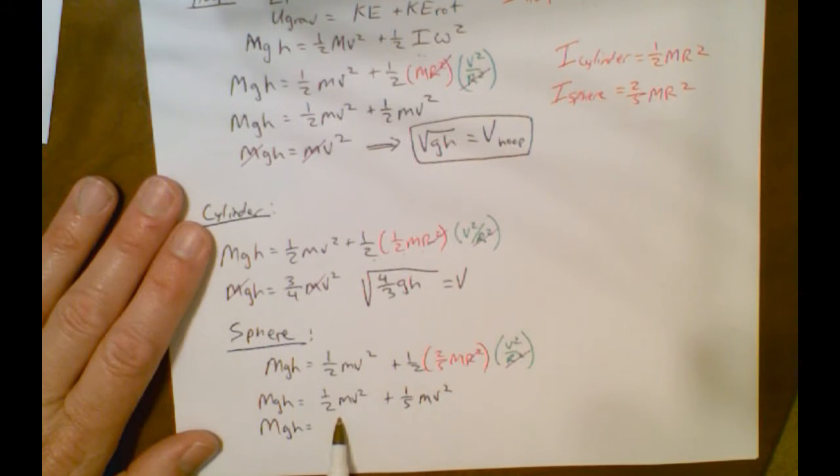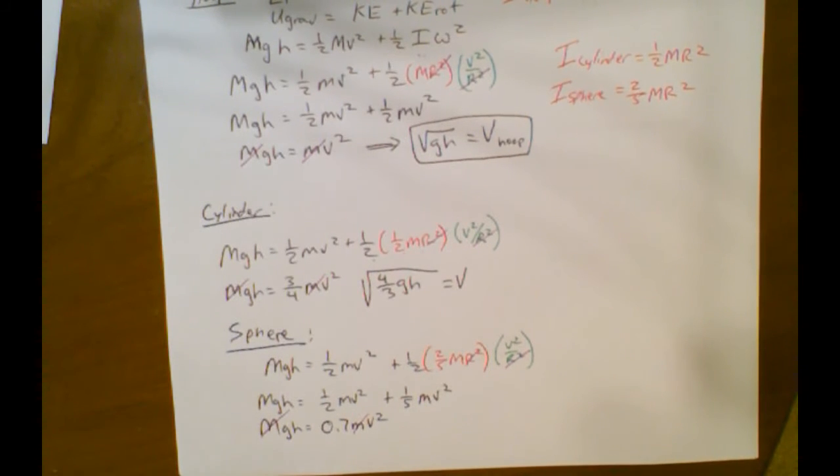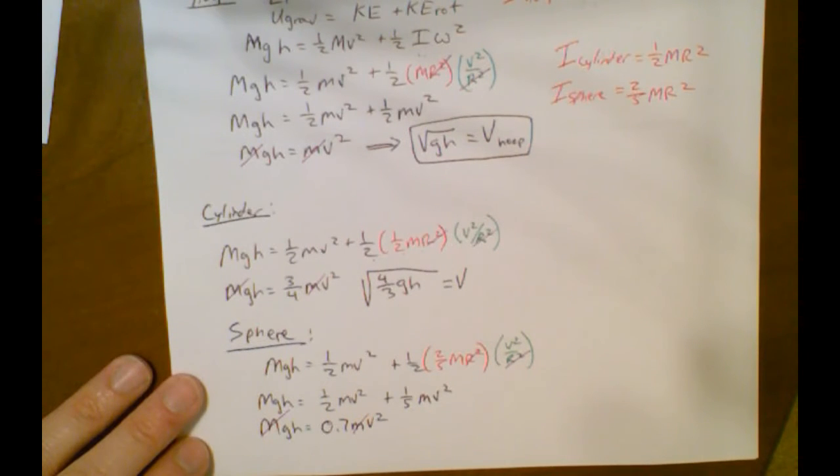So that's 0.5, that's 0.2. And masses cancel out. It's a little bit annoying here, but, oh shoot, I could have left this in fractions, I think that might have been a little bit better, but we'll worry about that, just from a comparison standpoint.